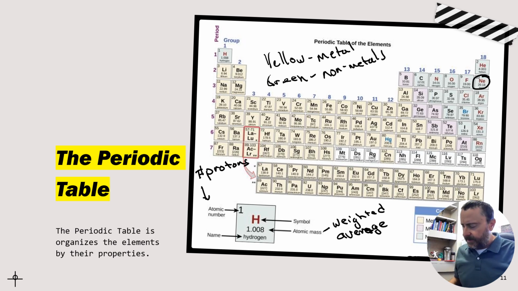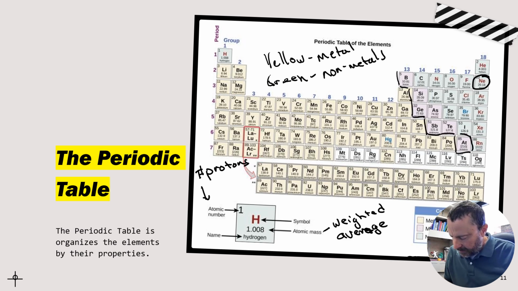The ones in this little pink range right in between are usually called metalloids, so they have properties of both metals and non-metals.